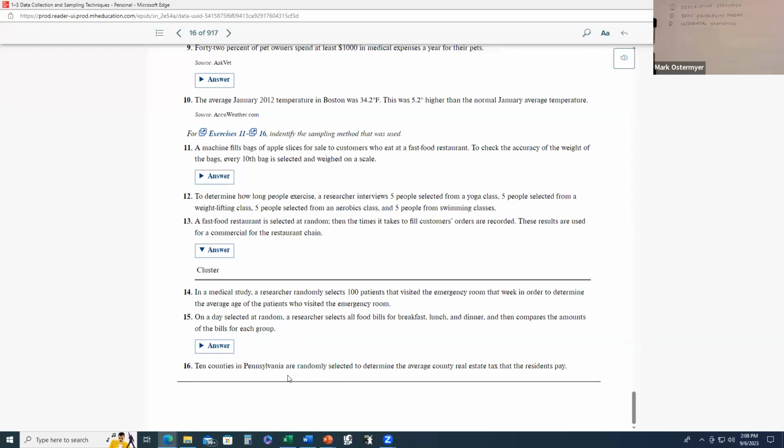Number 16, 10 counties in Pennsylvania are randomly selected to determine the average county real estate tax that the residents pay. What do you think? Number 16.